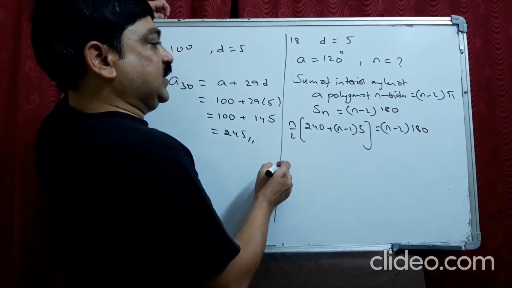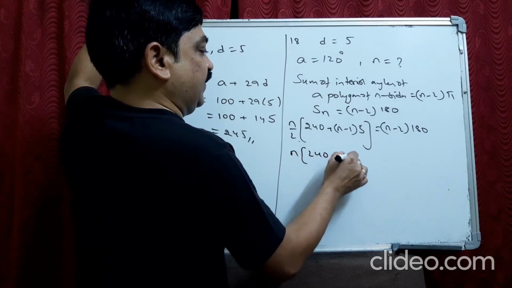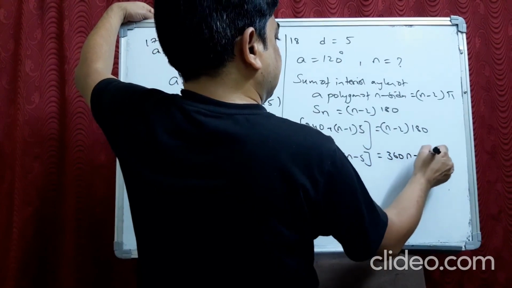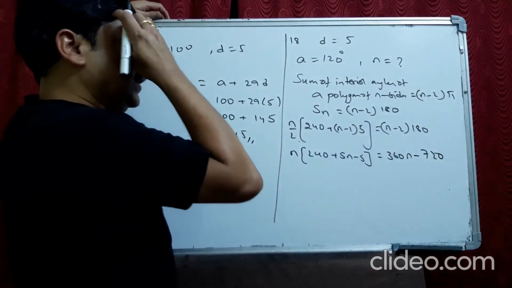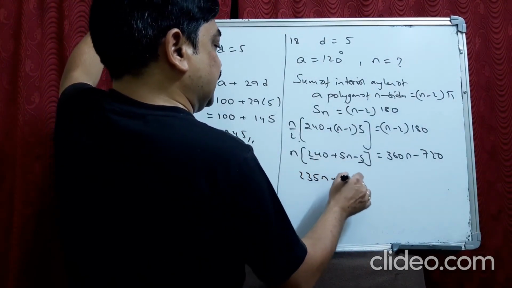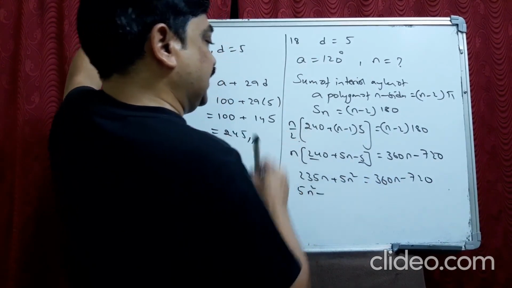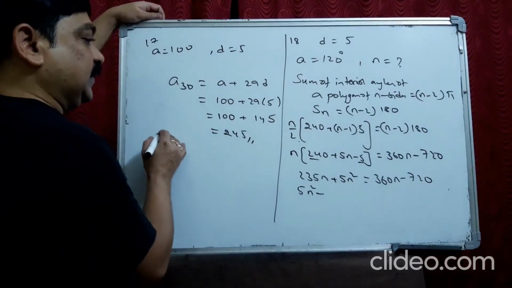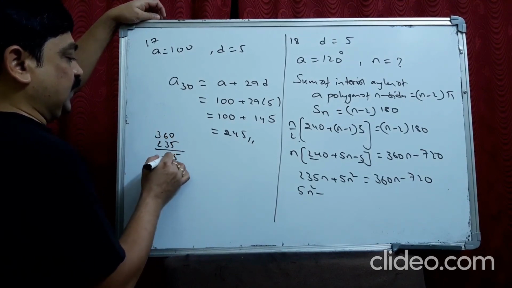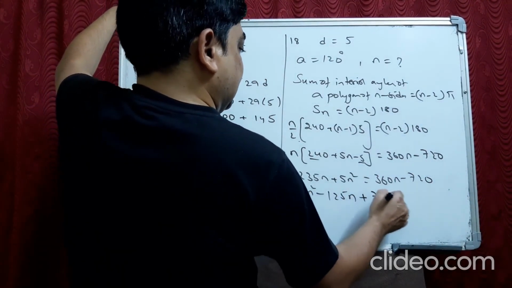Okay. Now let us take 2 here. So n into (240 plus 5n minus 5) is equal to 360n minus 720. When you take 2 that side, it becomes 235n plus 5n square is equal to 360n minus 720. So 5n square minus, when you bring 360n here, 125n plus 720 is equal to 0.